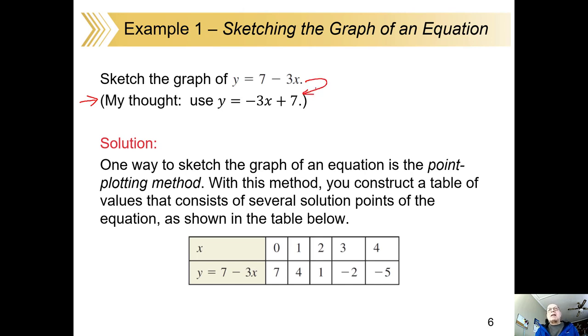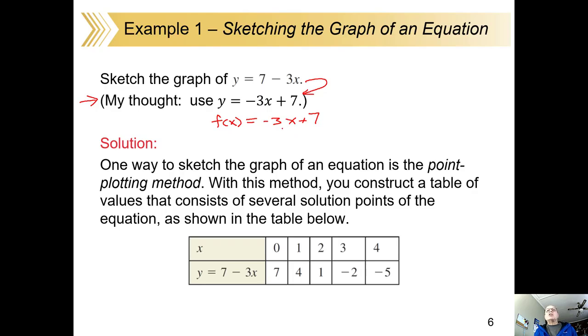Why would I do that? Because in function notation, it would actually look like this, and I would prefer it to look like this, because here's the constant part and there's the variable part.